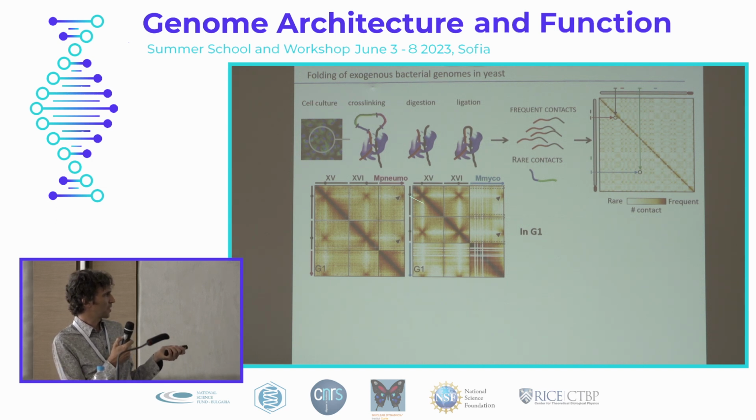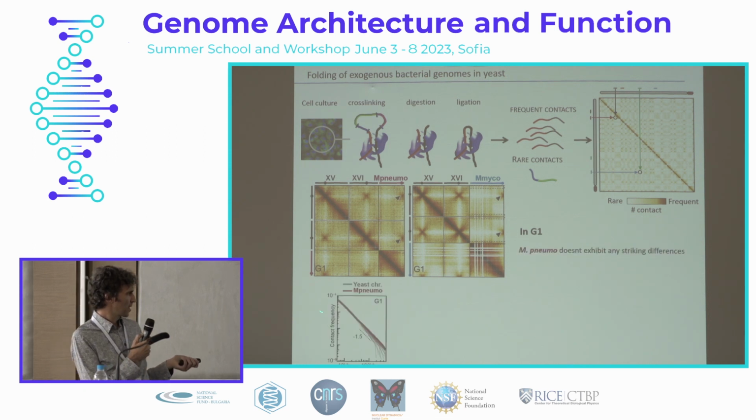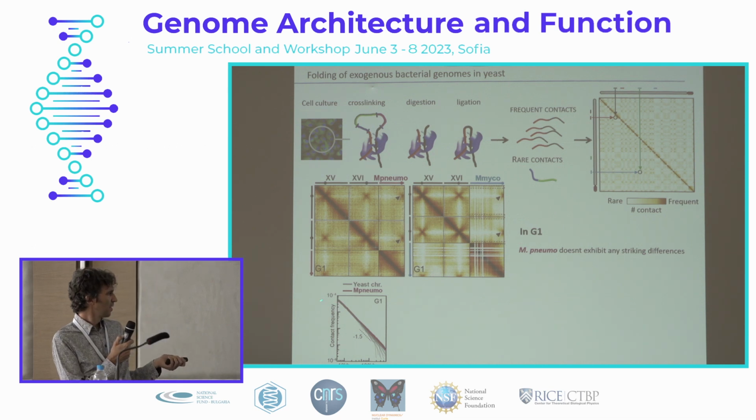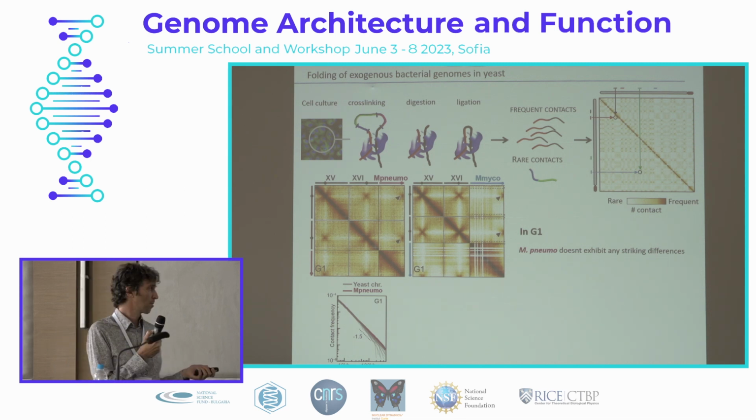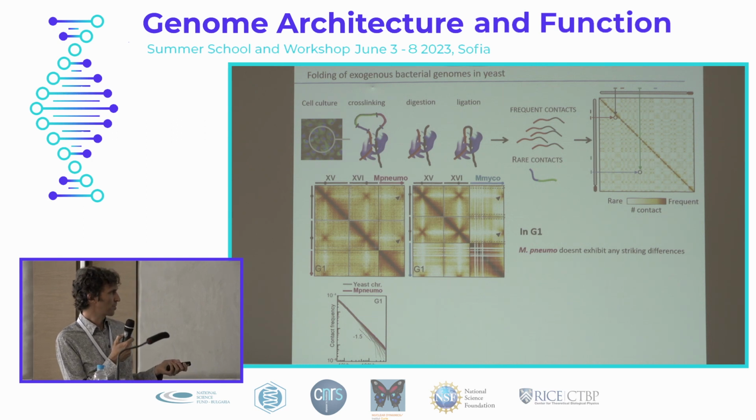And you can see clearly that there are striking differences between these two maps. So this is the contact frequency according to the genomic distance, plotted here. And you can see that when you do that for the M. pneumoniae strain, the M. pneumoniae chromosome behaves very similarly to native budding yeast chromosomes, so you cannot distinguish it clearly.